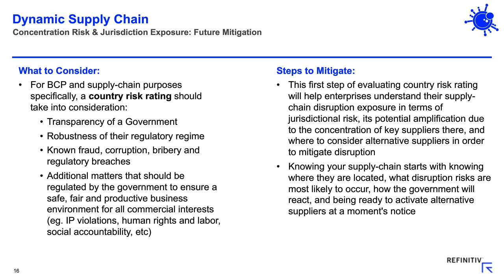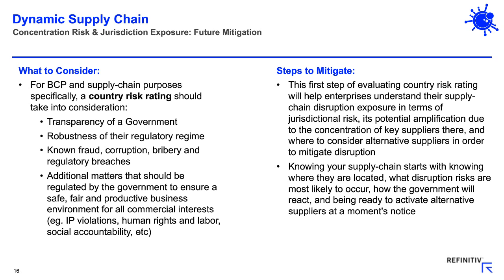The third bullet point we went over, fraud, corruption, bribery, regulatory aspects, sits within the regulatory compliance bucket, but there are also these extended considerations, especially around human rights, labor, social accountability and intellectual property, to consider what the jurisdictional risk is, how your supply chain will be subject to that, and eventually what that could mean in a mass disruption scenario when you have concentration risk to that jurisdiction.